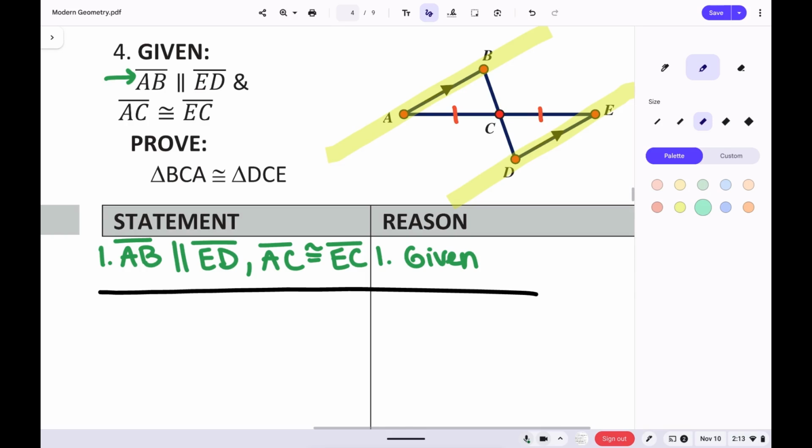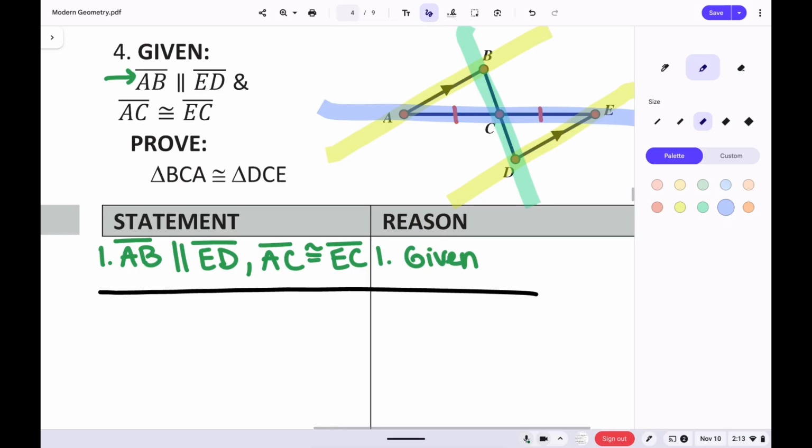There's actually 2 that we could use here. We could say that the line BD is a transversal, or we could say that the line AE is a transversal, because both of those intersect those parallel lines, okay?